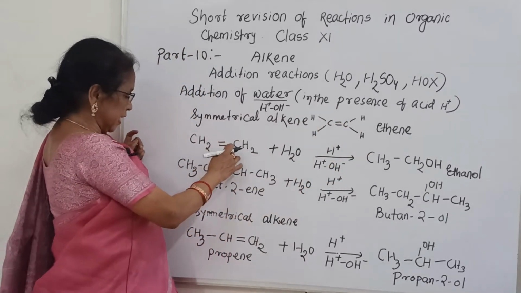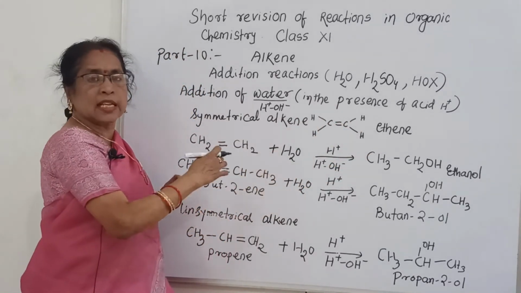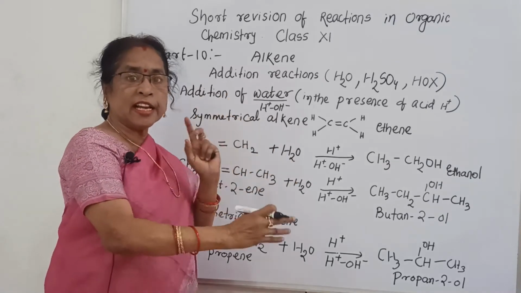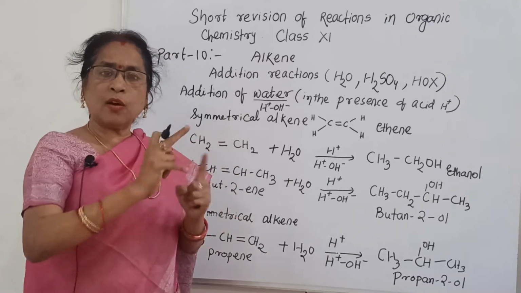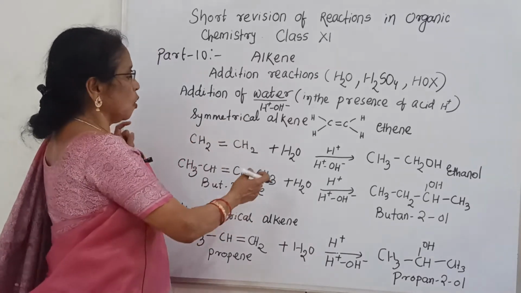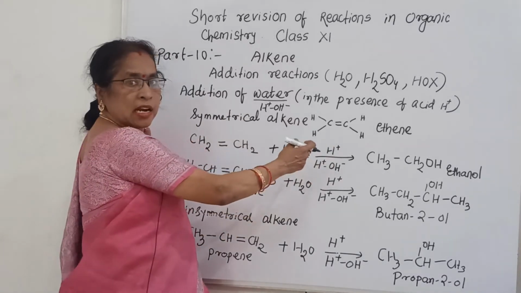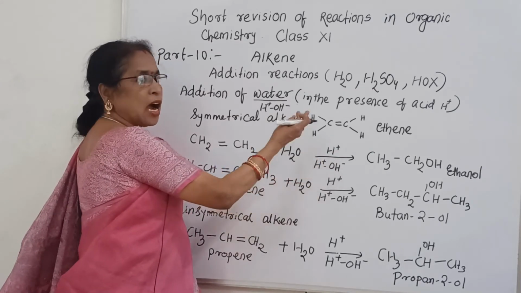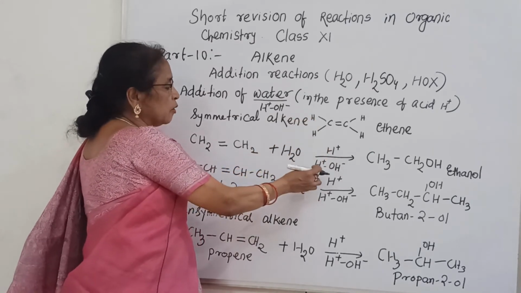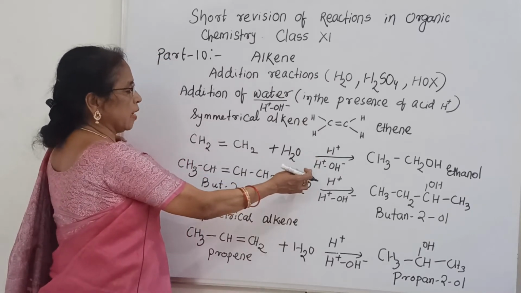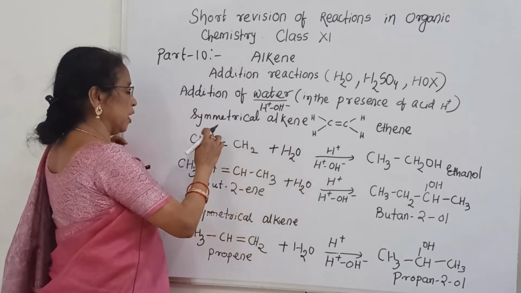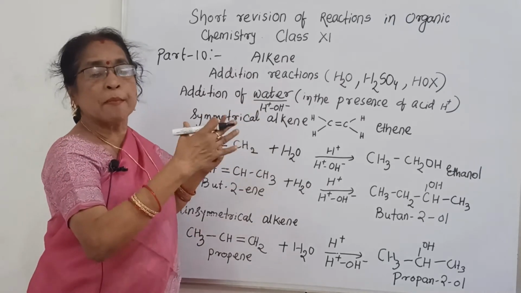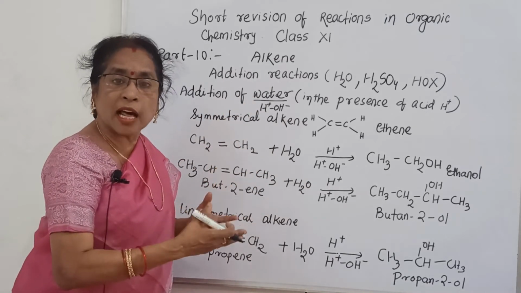Now in ethene if you add water, then what happens? You know water contains H plus ion and OH minus ion. So in presence of mineral acid, like hydrochloric acid, you treat that one, then what happens? H plus goes here and OH minus goes here, and there is no problem because it is a symmetrical alkene.